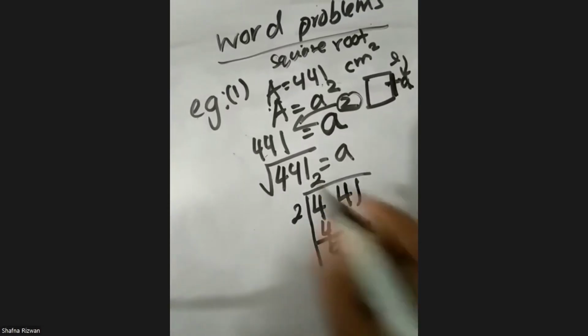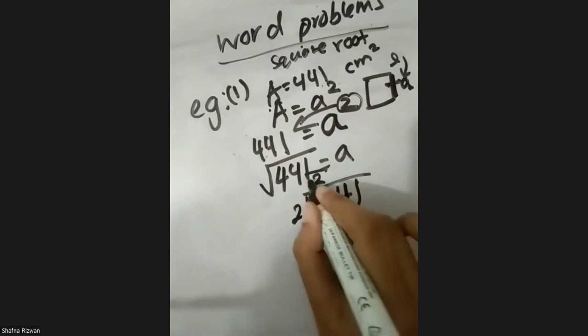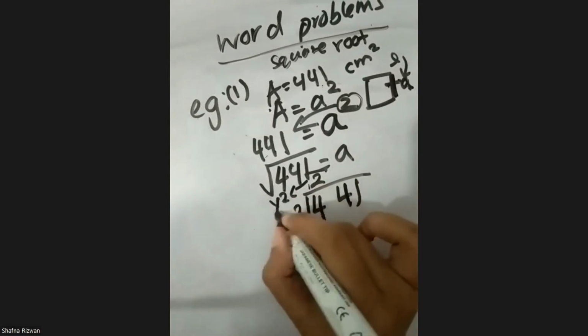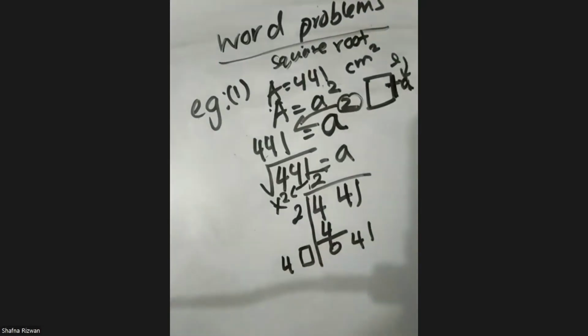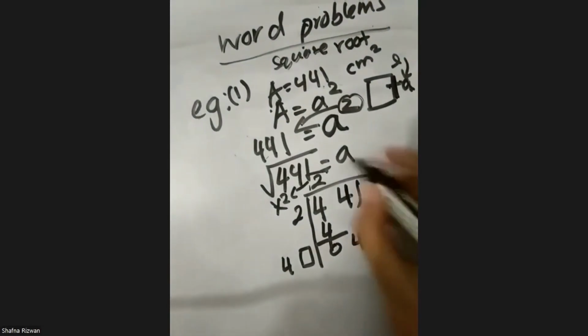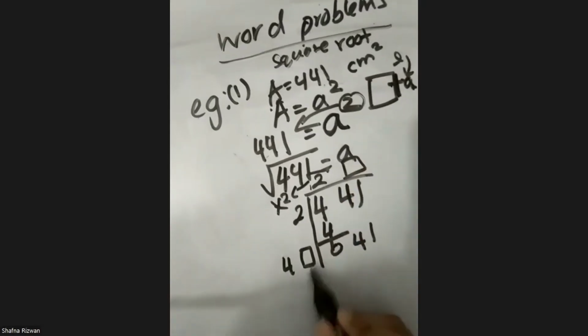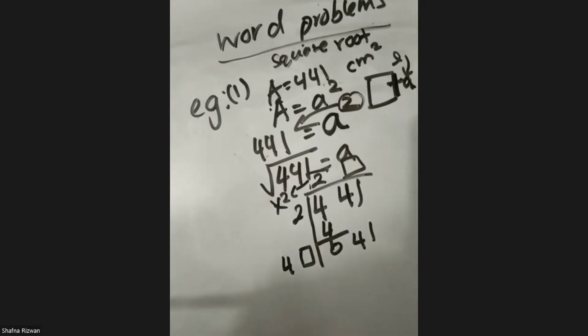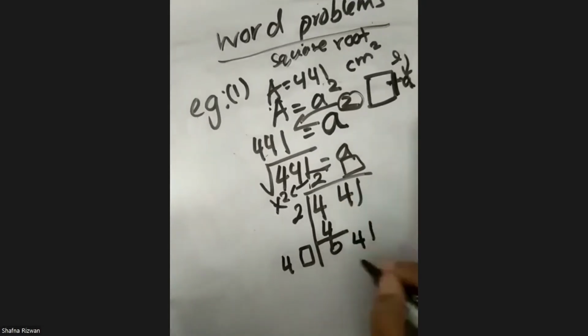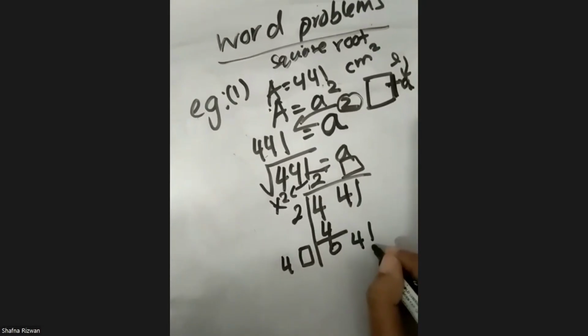Bring the 41 here. Multiply this top 2 by 2. Then how much will you get? You will get 4 here and a blank here, and after that, here also another blank. Now say, which number if I multiply here, so that I will get 1 in the last digit?